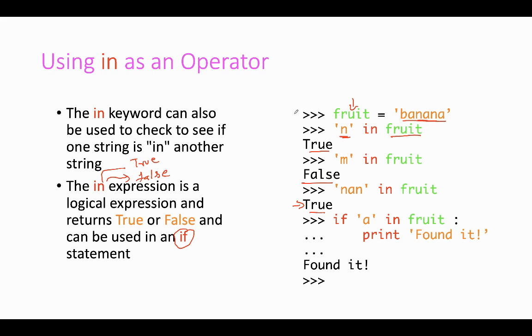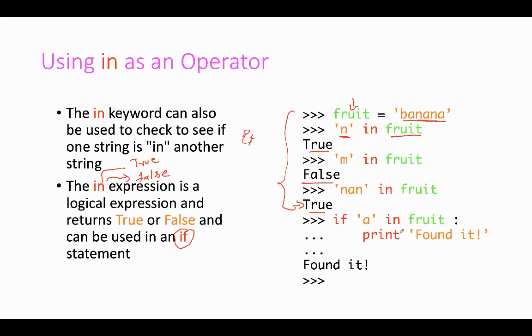This is the direct method, used without statements. Now we have an example: if a in fruit, print found it.